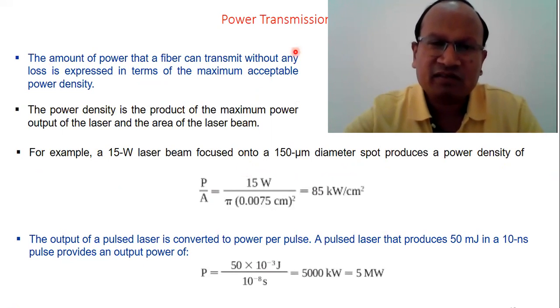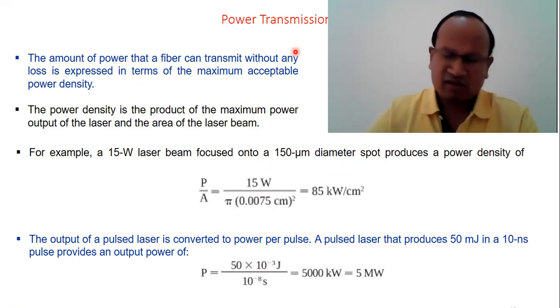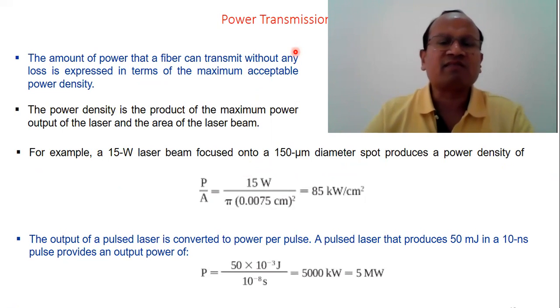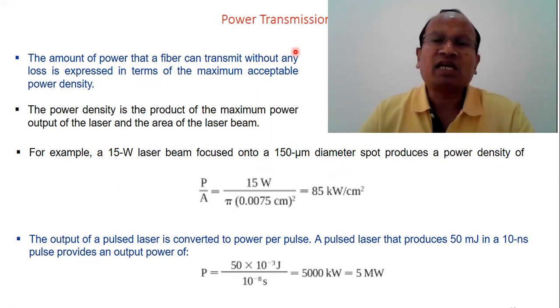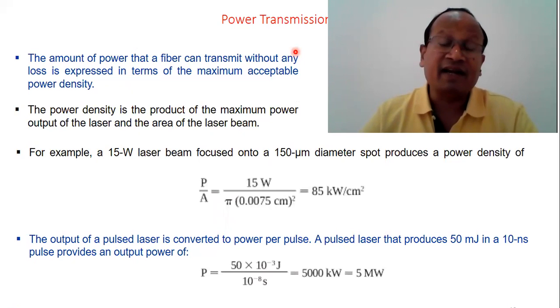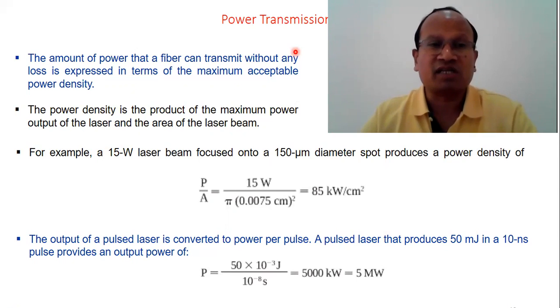Power transmission has to be slightly discussed in this lecture. The amount of power that a fiber can transmit without any loss is expressed in terms of maximum acceptable power density. That is an indicator of how well the transmission is.